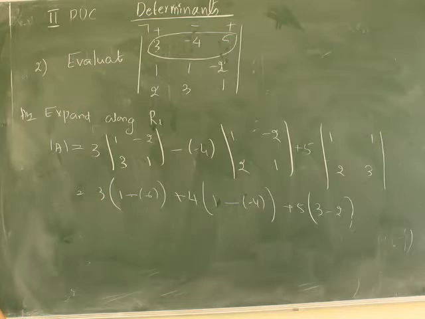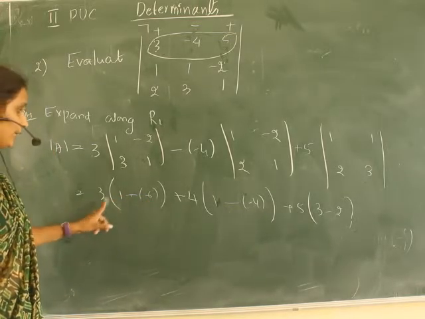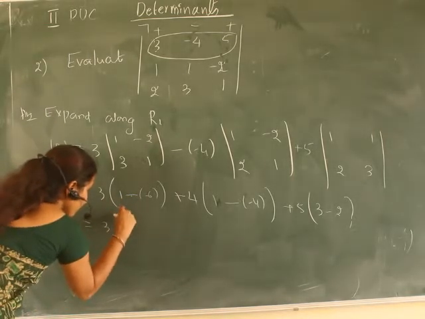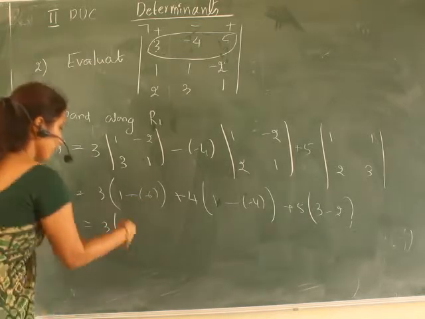So what do we get now? What is the determinant value we get now? This will be equal to 3 into, minus into minus plus, so 1 plus 6 is 7.